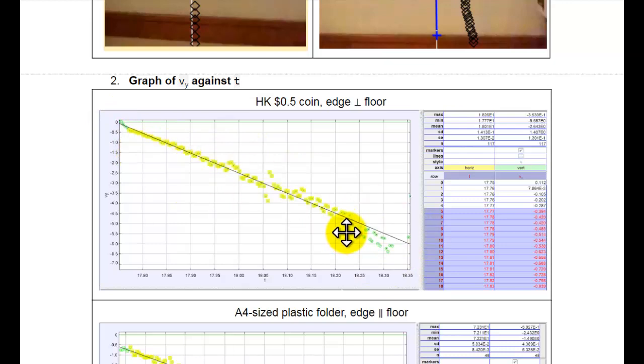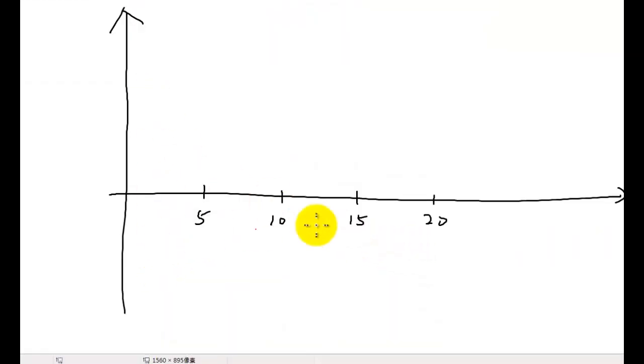But if you think about the whole graph, it will be something like this. You have the axis like this, and this is v, this is t, and just now we actually start from 17, so around here. That's actually too much already, like around here only.